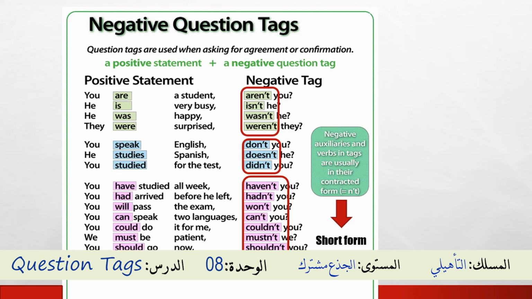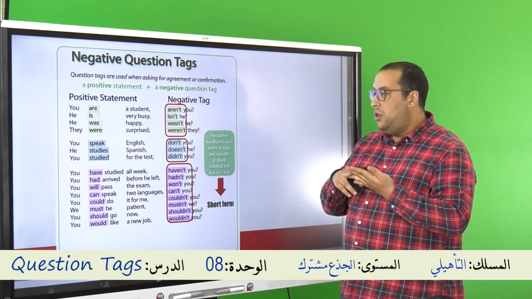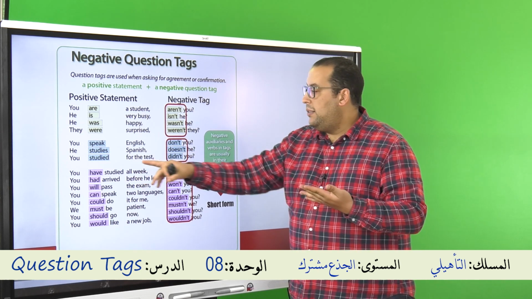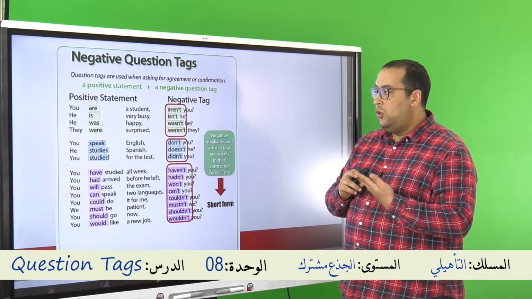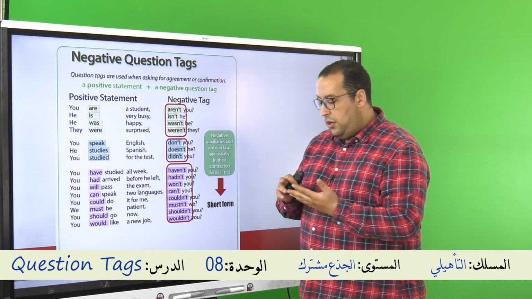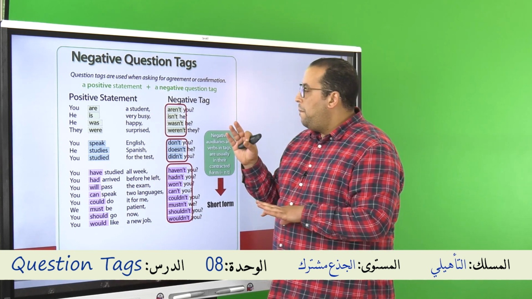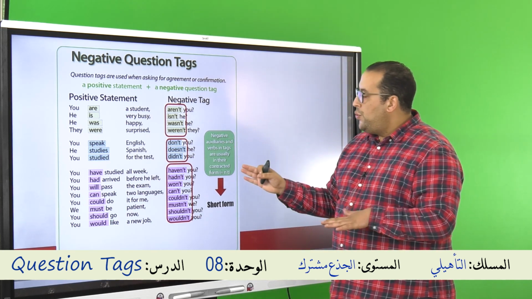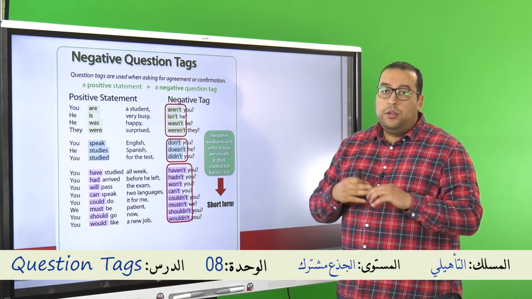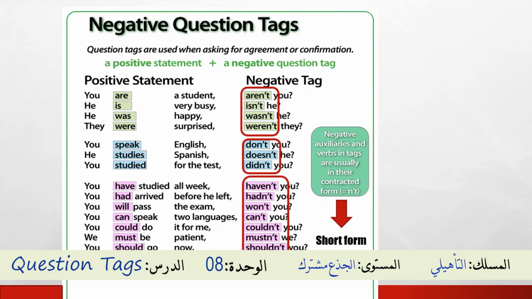If the verb is in the present tense, they are in the present. If the verb is a modal, they should be modal auxiliaries. If the verb is in the past, they should be in the past. Okay? And number four, they are used in the contracted form or the short form to make your language more fluent.